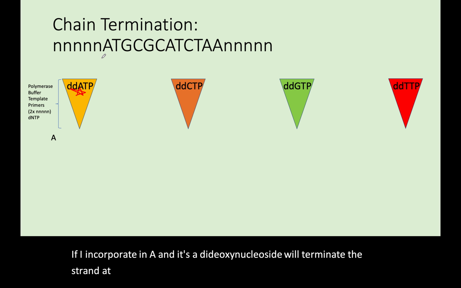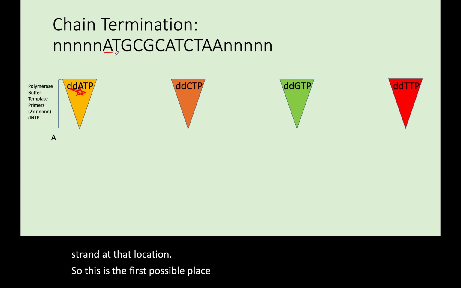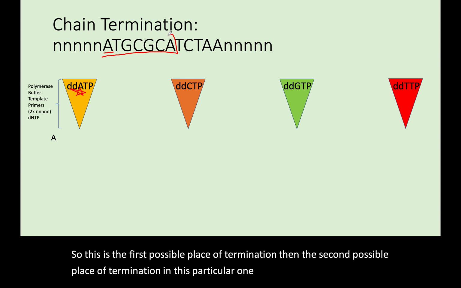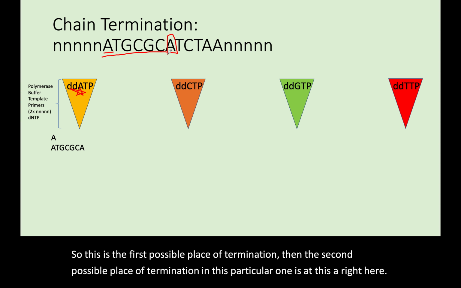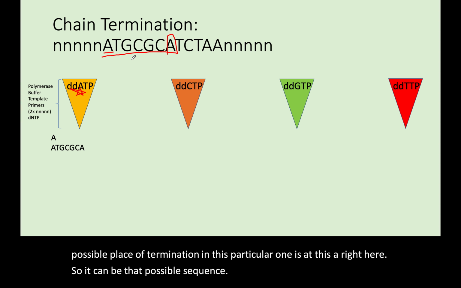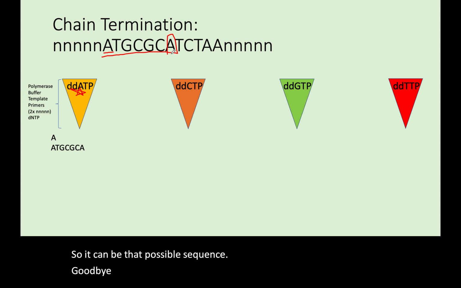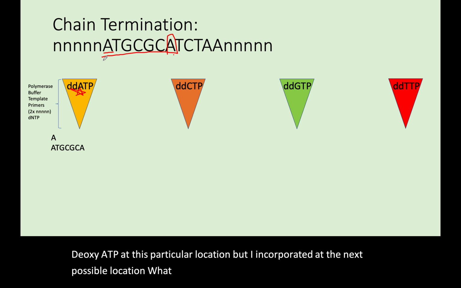So if this is the first possible place of termination, then the second possible place of termination in this particular one is at this A right here. If I incorporate a dNTP, so a deoxy ATP at the first location, but I incorporate the dideoxy at the next possible location, what will the sequence be?